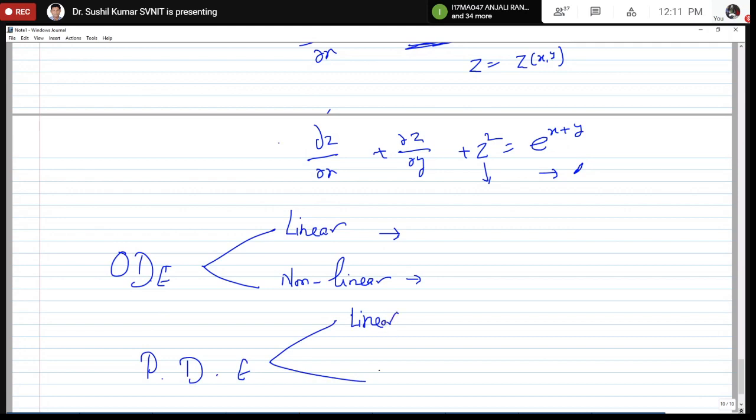first one is linear, then non-linear. But in between linear and non-linear, we have two more categories. One is called semi-linear and the second is called quasi-linear.